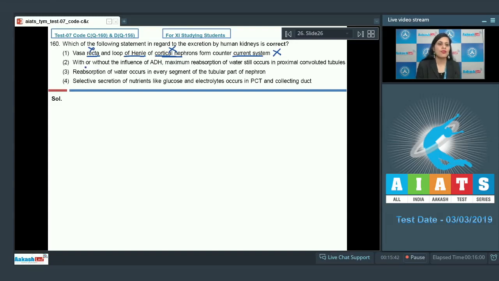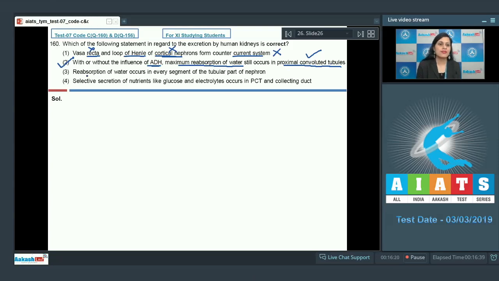The next option is with or without the influence of ADH, maximum reabsorption of water still occurs in proximal convoluted tubules. And as it is a correct statement, so this is a correct answer to our question. Because irrespective of presence or absence of ADH or antidiuretic hormone, maximum reabsorption of water always occurs in PCT or proximal convoluted tubules.